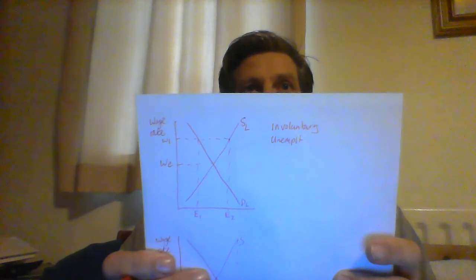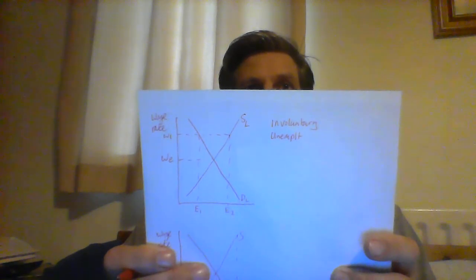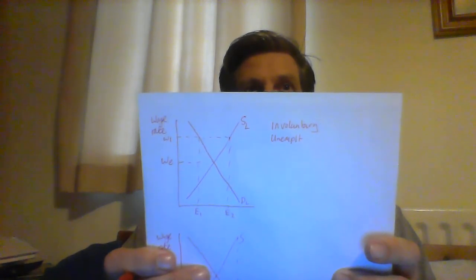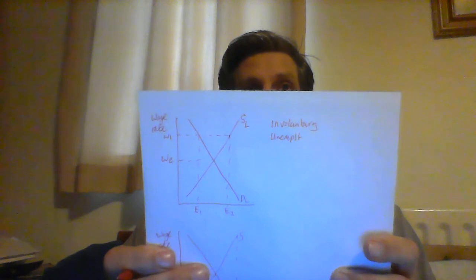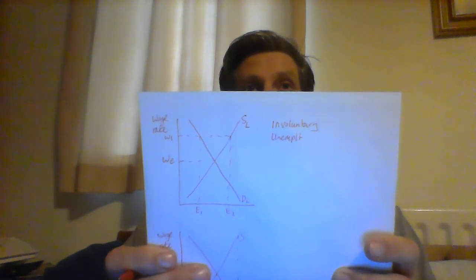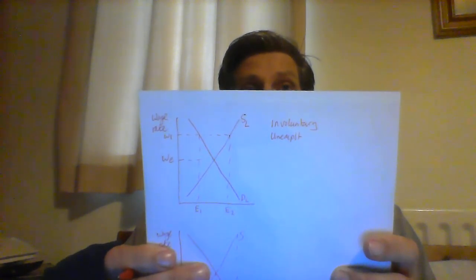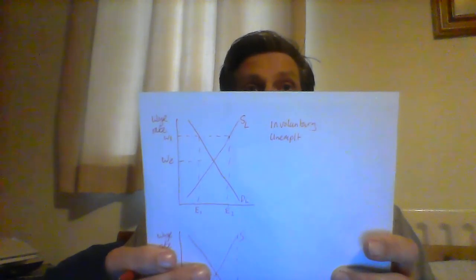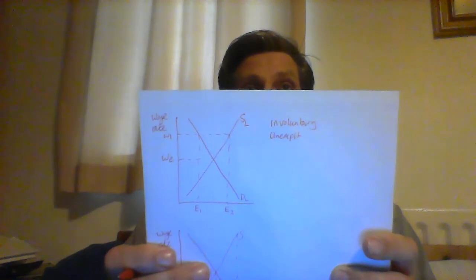Most classical economists would also look at trade unions, and they would say that trade unions can use the threat of strike action to force the wage rate permanently above the market equilibrium wage. And in doing so, they're pricing their own members, their own workers, out of their own jobs.